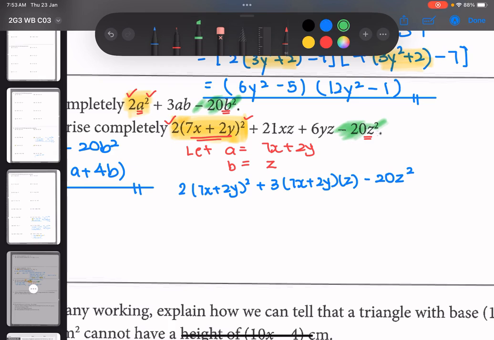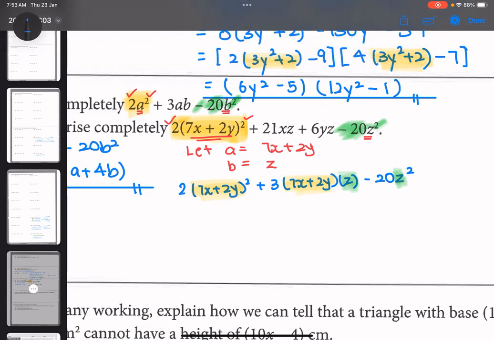Okay, I throw in my B and I throw in my A. Highlight them for you in different colors. If I'm doing it correctly, I will expand and get that big long line up there. Let's confirm. 21xz, check. 6yz, check. I got it already. It's the same one.